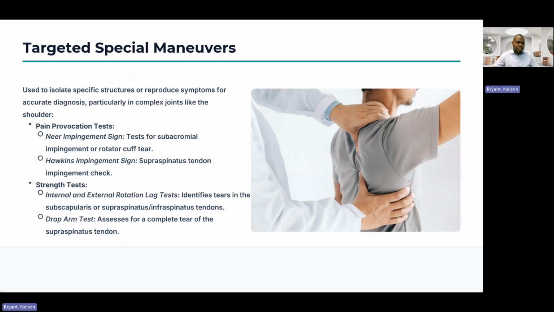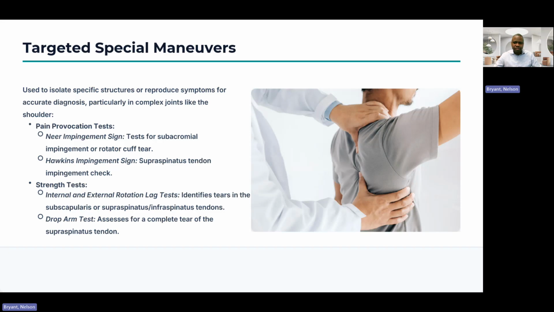And some special tests that may be done in primary care, not necessarily with orthopedics. They may include, for example, shoulder assessments, which include pain provocations. One of them is the Hawkins test.